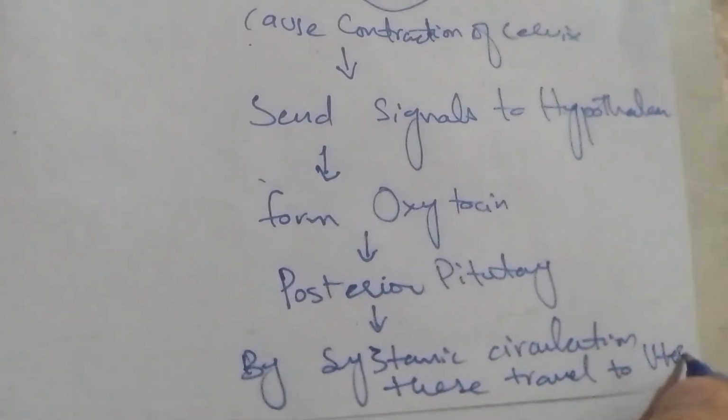These travel to the uterus, and the uterus has receptor cells for oxytocin. The oxytocin binds to the receptor cells in the uterus and causes uterine contraction.